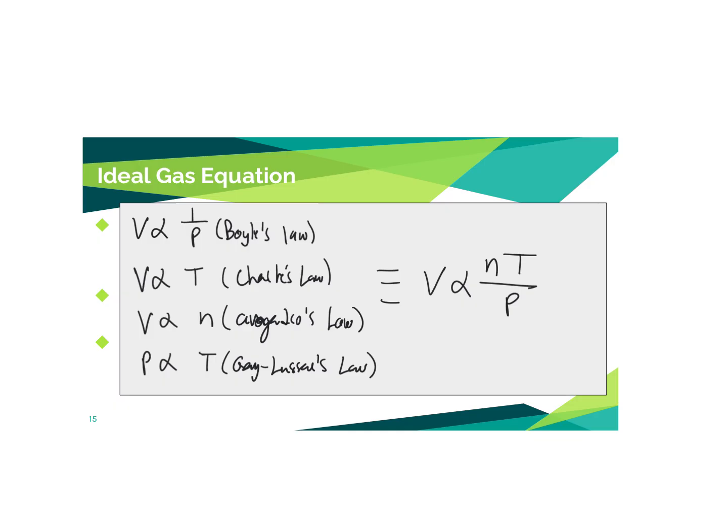And so what we can say is the pressure times the volume is equal to the number of moles times this proportionality constant, which I'm going to write out in red, R, times the temperature. And this right here is our ideal gas law.